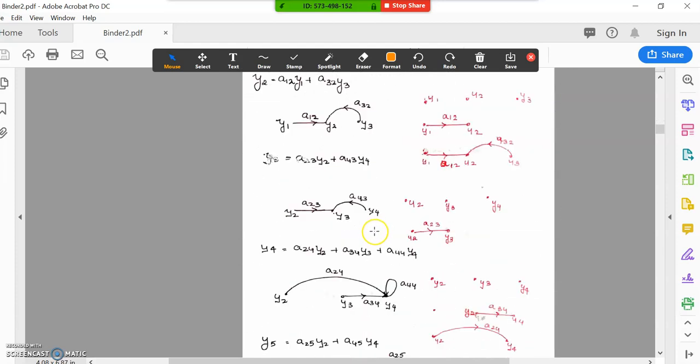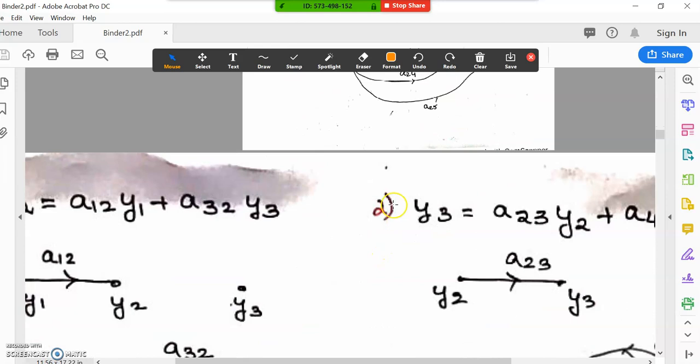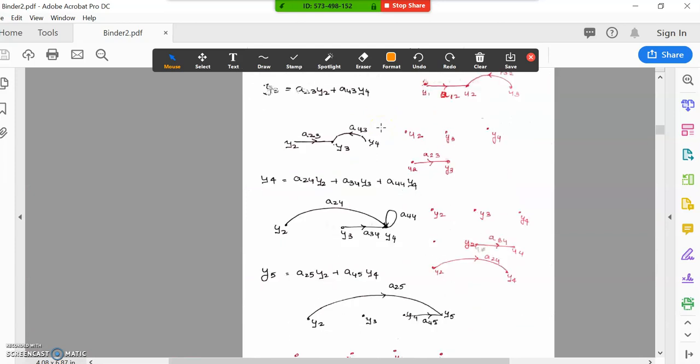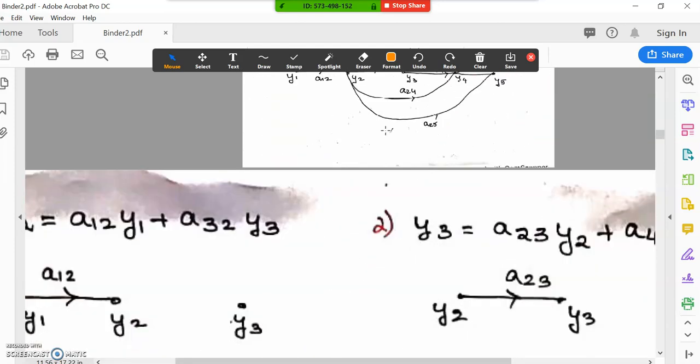Suppose we have different equations represented like this. The same equations here, I have written in steps so that it will be easy for us to follow.